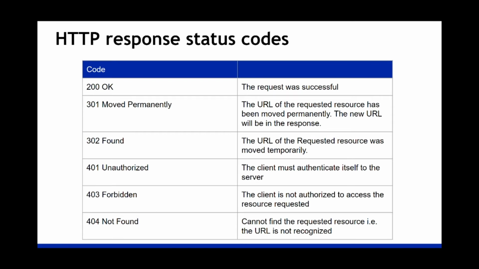Like your IP address doesn't match the ones that can access this information. So basically you can't access it. For 401, you can possibly access it if you authenticate yourself. But for 403, you just can't access it. And then 404 is just not found. So the URL is just not recognized.